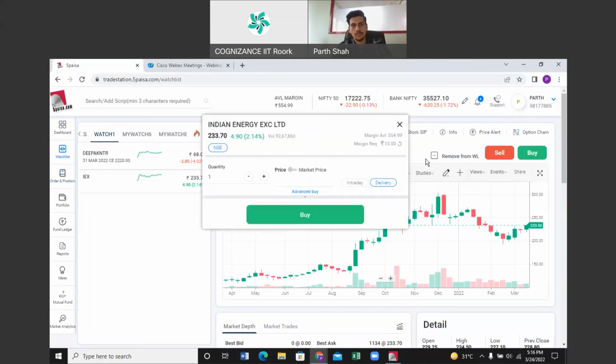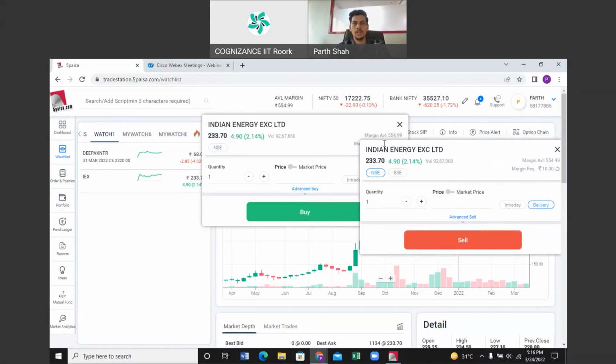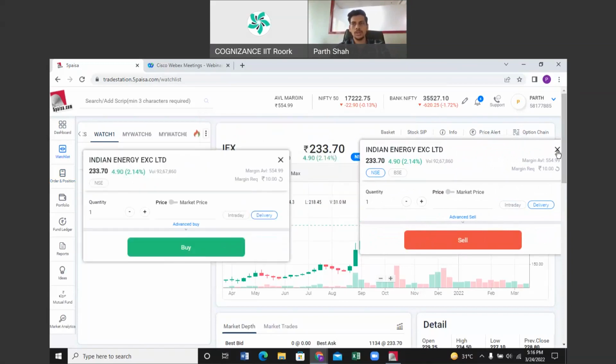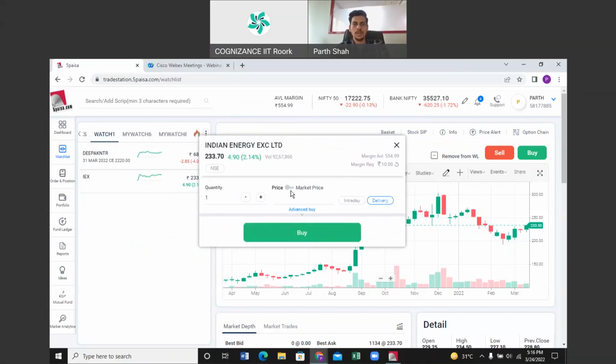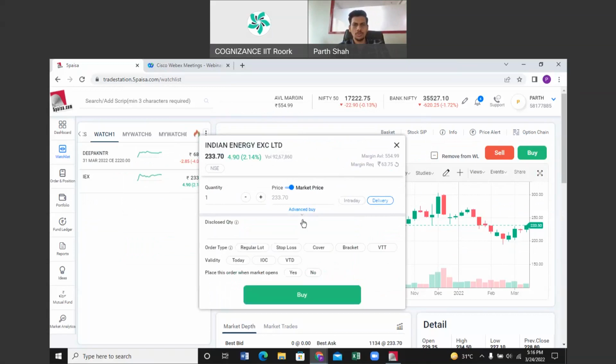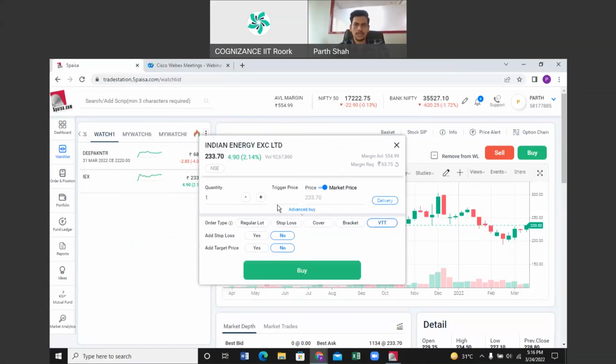Say by pressing F1, you can open it, so we have keyboard shortcuts also implemented on this platform. You can have multiple buy-sell windows, and you can drag them. Pressing F1 will open the buy window, and you say I want to purchase this particular stock at 200 rupees, which is out of today's daily price range.